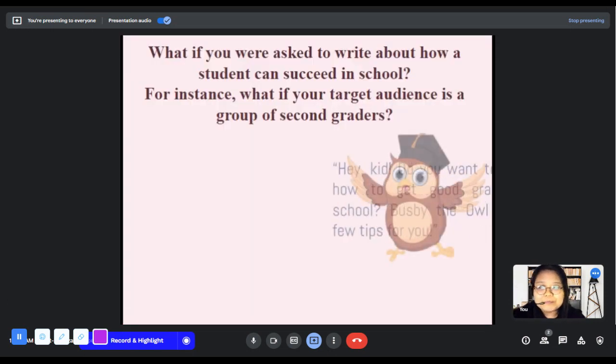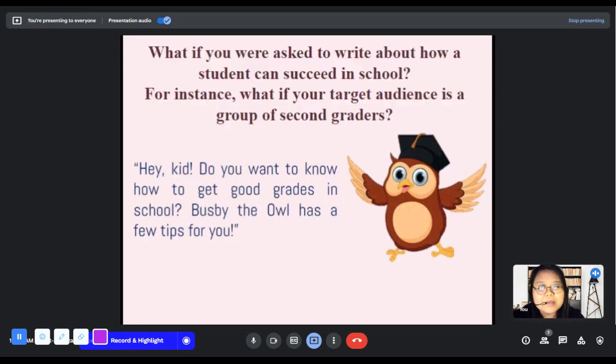Here, what if you were asked to write about how a student can succeed in school? For instance, what if your target audience is a group of second graders? Imagine talking about succeeding in school to a group of second graders, grade 2 students. So, how will you do that? You can use your creativity here.